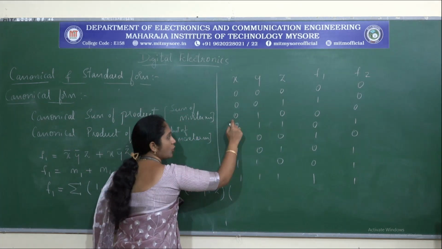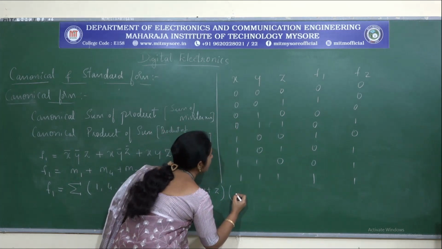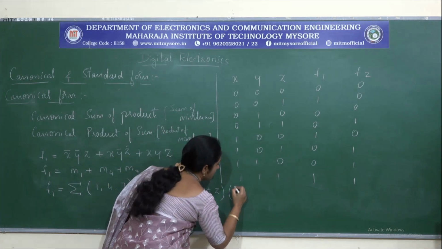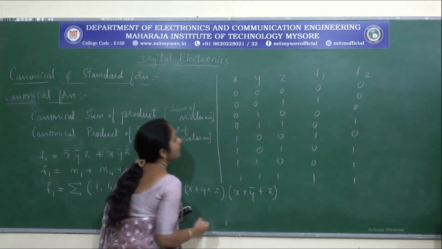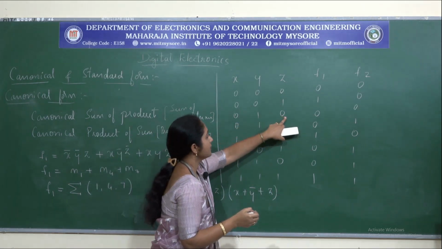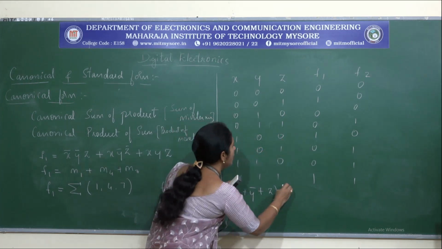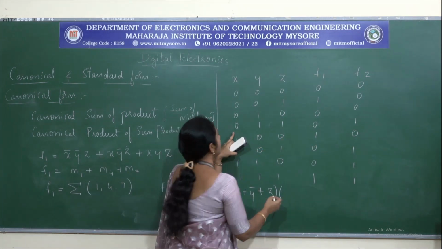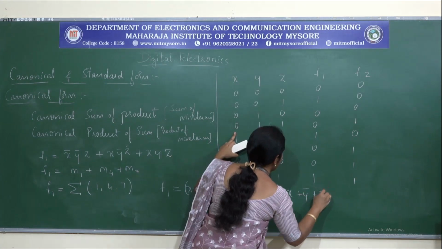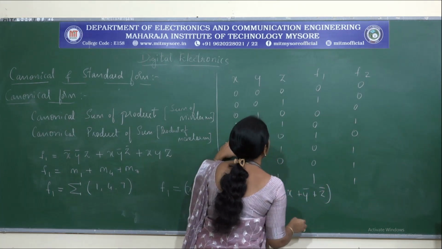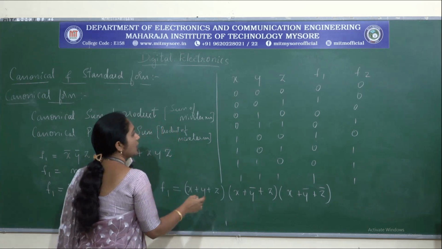Then here we have logic 0 again. So the input combination is x, y bar, z. Next again we have one here. So the third term is x plus y bar plus z bar. So we are done with 3 terms.